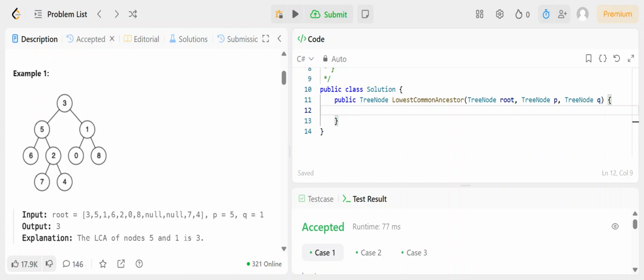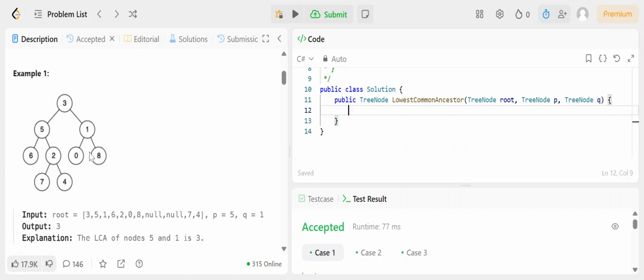So what we are going to do is check where we have this 5. After finding 5, let's say I'm starting from here. I'm checking in the left part of the binary tree for P, that means the tree node P. So let's say I found this 5, and now I need to check the left part of this tree.